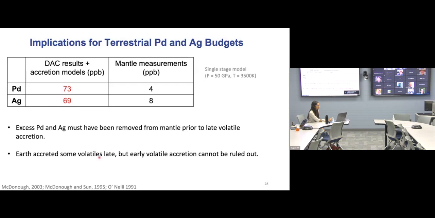And so some of the data that we might need to help us unravel these early processes are probably more partition coefficients, not just for silver, but for other moderately volatile elements whose signatures could reflect mixed processes. So we need more high pressure temperature data to better disentangle how the early Earth accreted volatiles and lost volatiles.